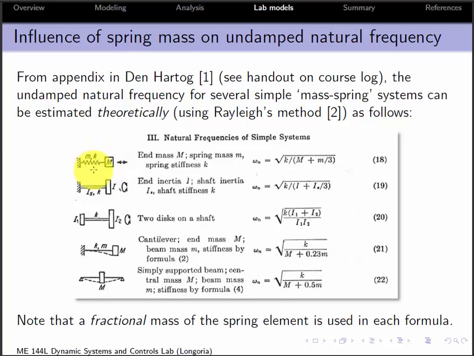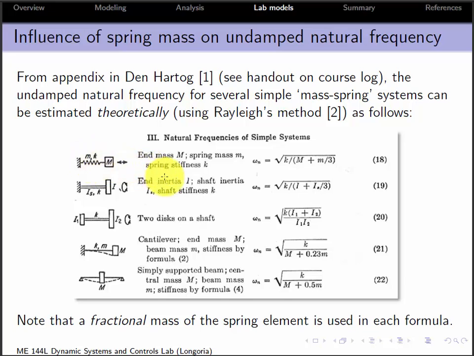Remember, an ideal spring is a spring that you assume has no mass, but let's say that this spring had some mass, little m here. The main mass is M, and this is a translational vibrating system. This relation shows that when I estimate the natural frequency, I take that stiffness and the main mass, but to the main mass I add about a third of that spring mass.